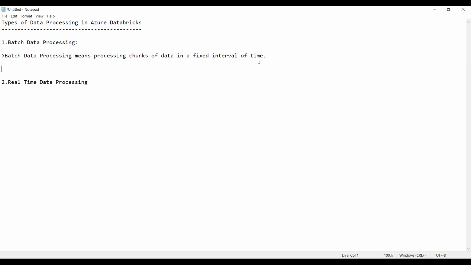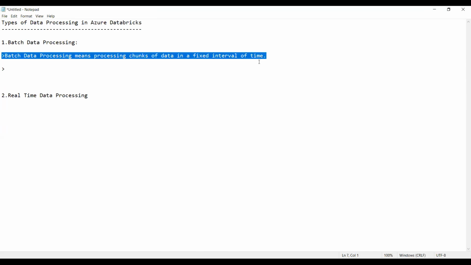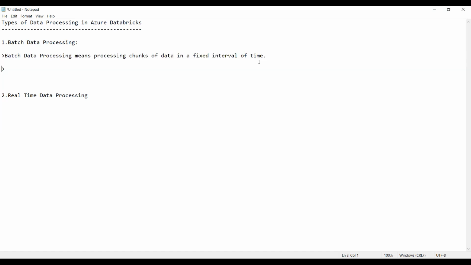Batch data processing is nothing but processing of data in small chunks in a fixed interval of time, that means a fixed time. So, guys, this can also be referred to as batch loading.